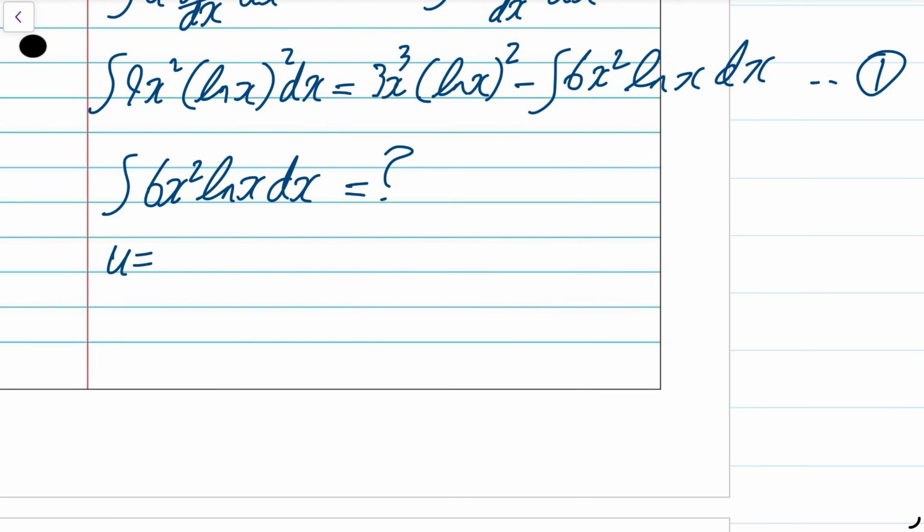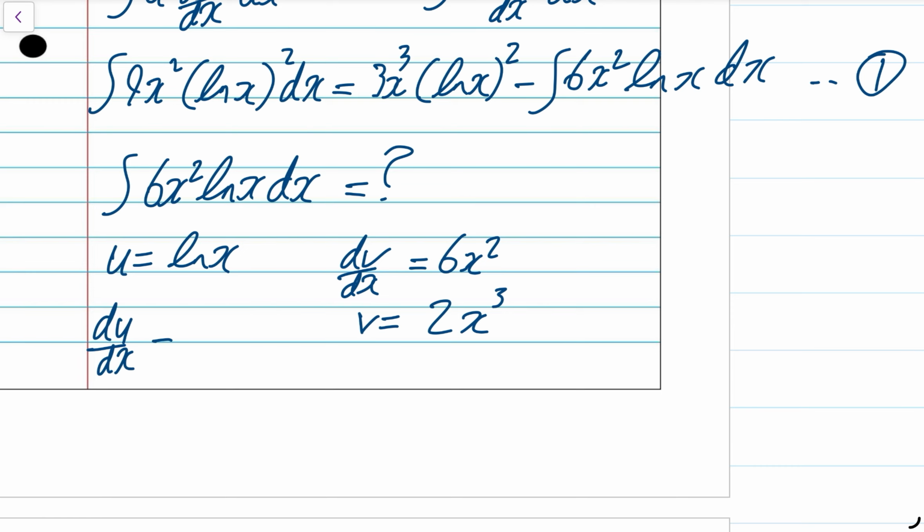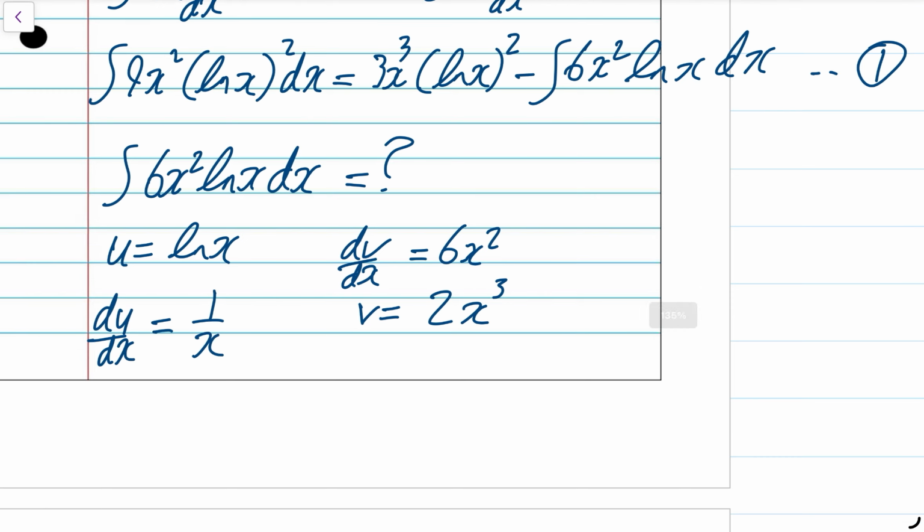So here your u again is ln of x, your dv by dx is going to be 6x squared. We'll do the easy bit first. If we integrate this, raise the power by 1 goes up to x cubed, and divide by 3, 6 divided by 3 is just 2x cubed. And here, if you differentiate your ln, you're going to get 1 over x.